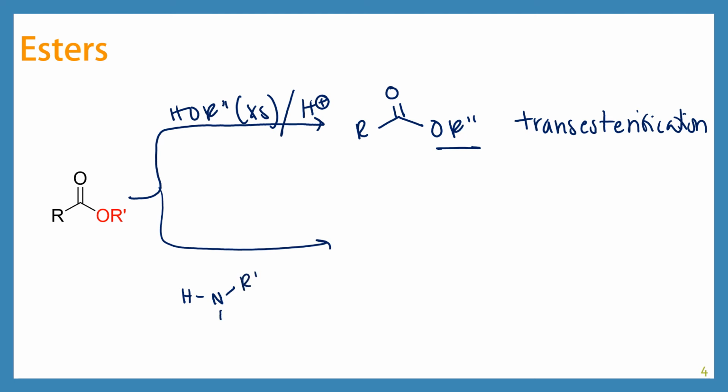Again, keep in mind that we're only doing this with a primary or secondary amine. You're going to want to have an excess so you can deprotonate the final product. And that would get you to an amide.